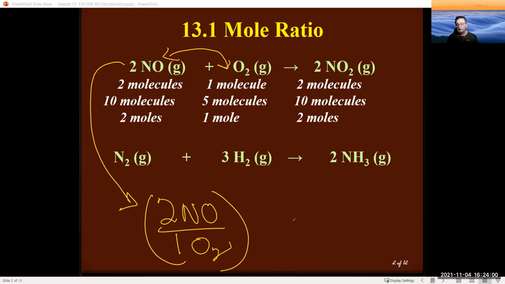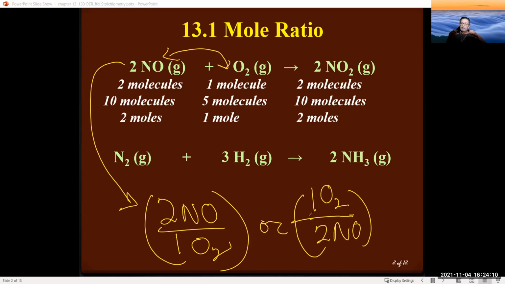We can write it in that manner, or we can write it by inverting it: 1 oxygen over 2 NO. Like any conversion factor we have done, which I've explained that we can write as a ratio, we can do the same thing with respect to the mole ratio of a chemical reaction. And we're going to utilize this quite a bit when it comes to calculations of reactions, okay? By keeping track of our units, we can determine which one of these, left or right, we are going to use.